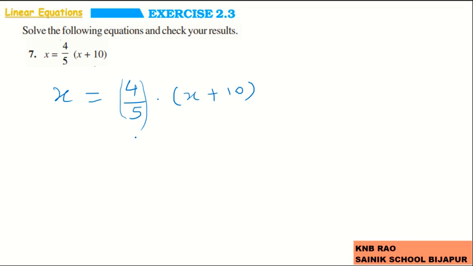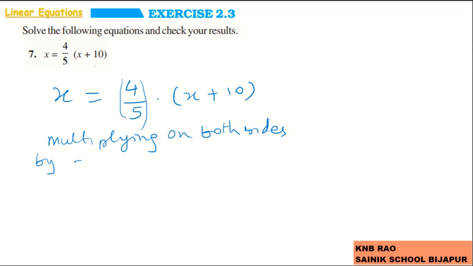Nothing of the sort. What you have to do is remove this fraction. How to remove this fraction? Or get rid of this denominator. How to get rid of this denominator? We get rid of the denominator just by multiplying on both sides by 5.